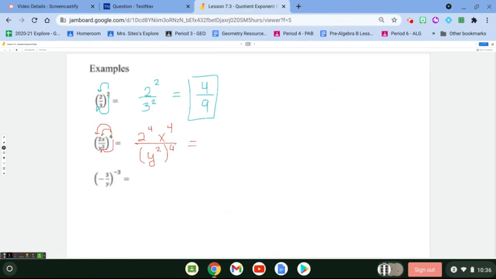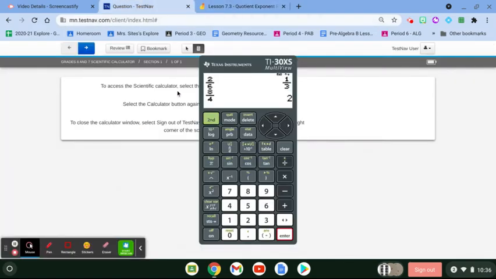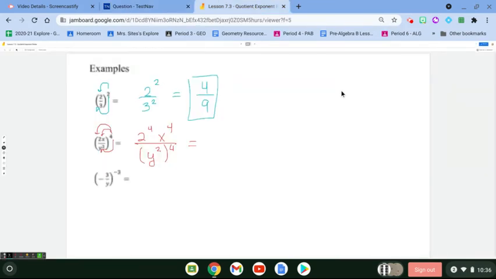To start simplifying, 2 to the 4th power is 16. Going to keep the x to the 4th. Now, if you have 2 exponents in a row, or a power of a power, you would be multiplying those together. So that would be y to the 8th power. So your final answer for the second example would be 16x to the 4th over y to the 8th power.